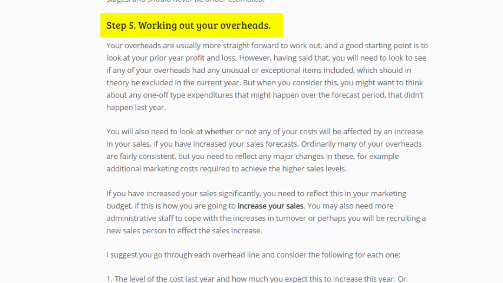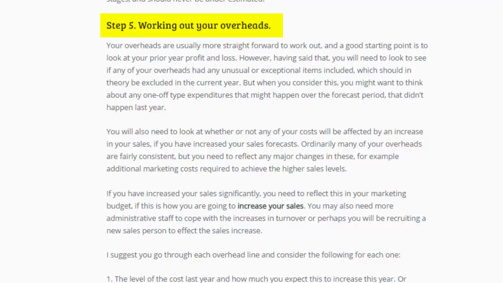You increase your sales, you're sending out more invoices unless you're doing that all online, so there'll be a cost there. If you have a brochure, the more customers you have, the more brochures you need to send out, so therefore that cost would go up. The more customers you have, there's potentially more interaction, so more phone calls, so your phone costs go up, and so on. So it's just really having a think about how your costs will be impacted.